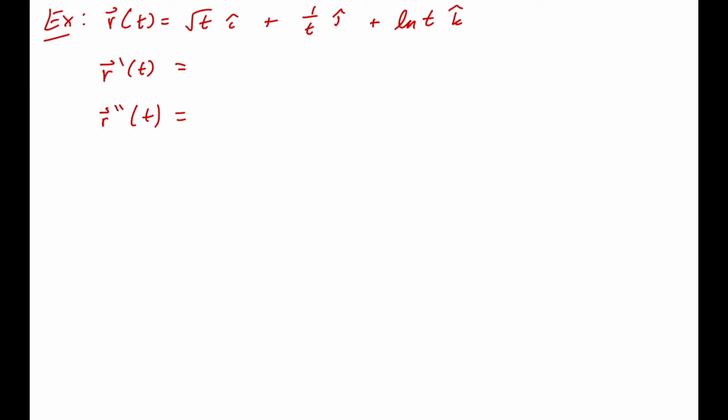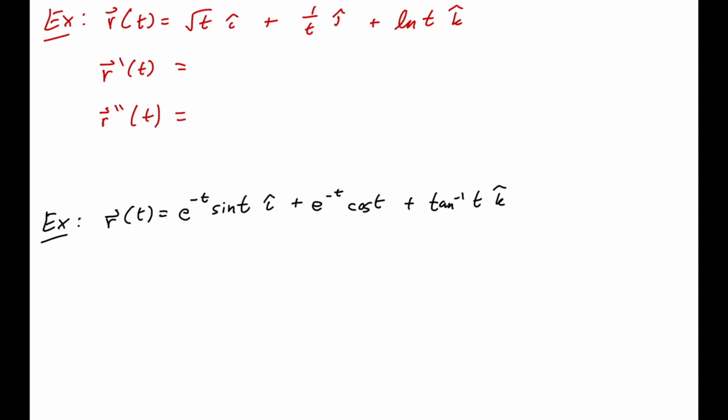I'm going to go ahead and write one more. e to the negative t sine t, e to the negative t cosine t, adding some spice, and tan inverse t in the k hat direction.